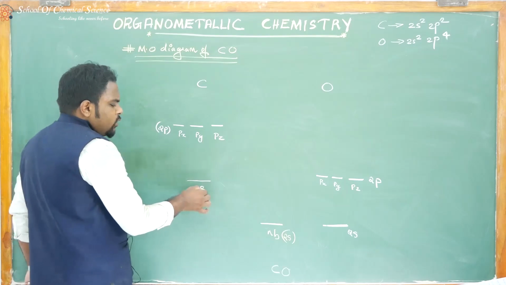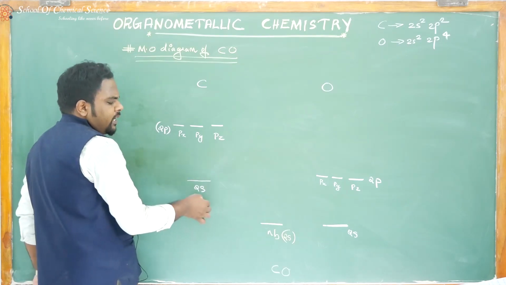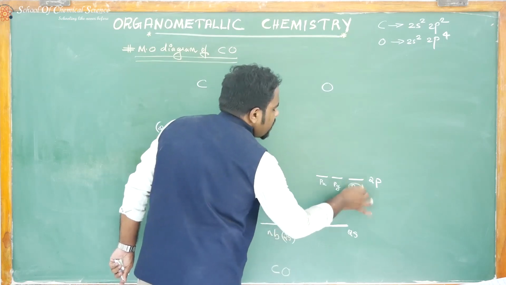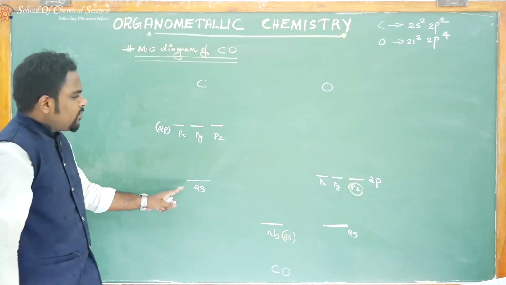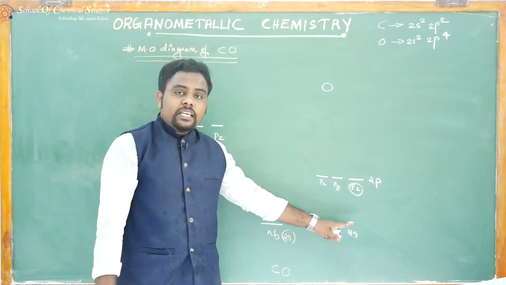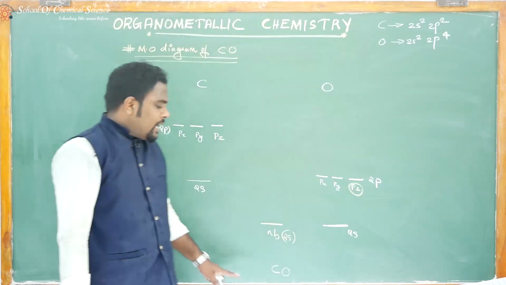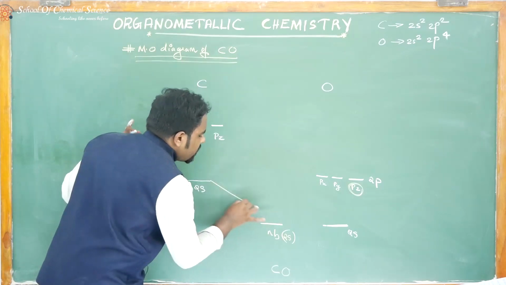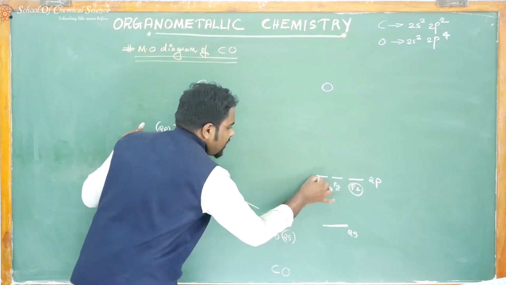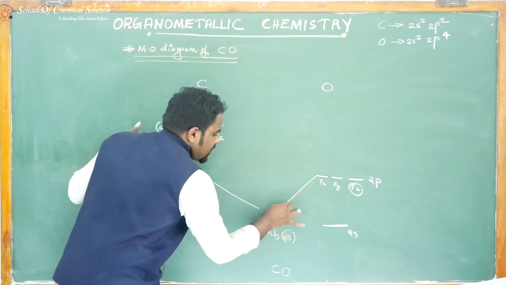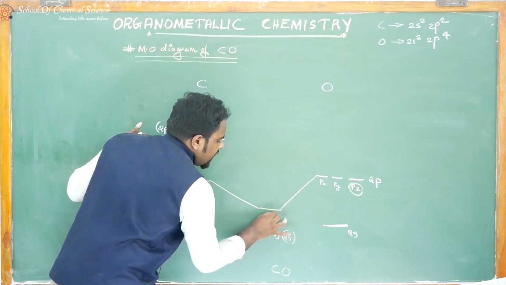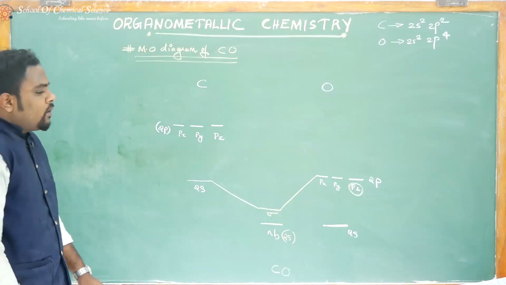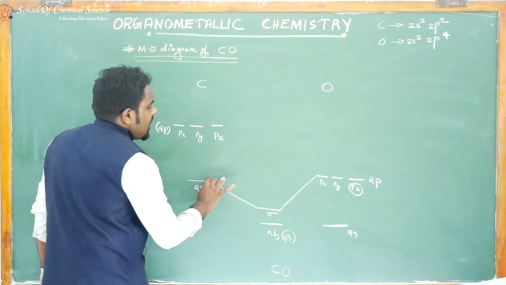Then the 2s orbital of carbon is spherically symmetrical and has the same symmetry as the pz orbital, which lies along the z axis. So the 2s orbital and the pz orbital combine to form a sigma orbital.